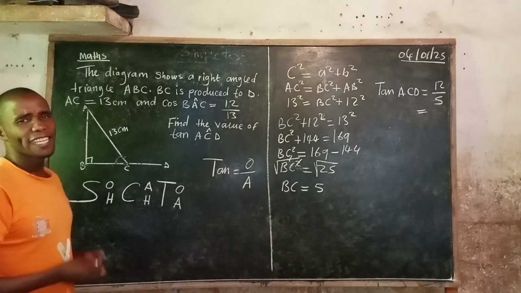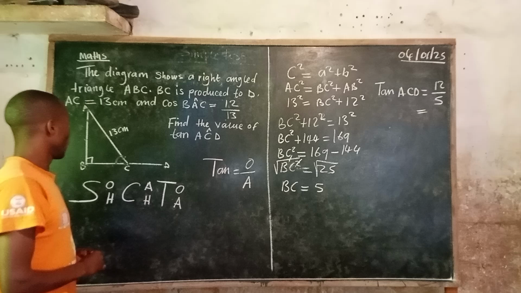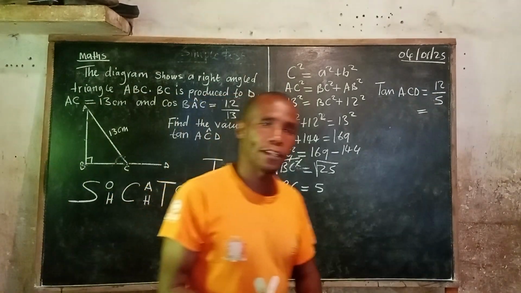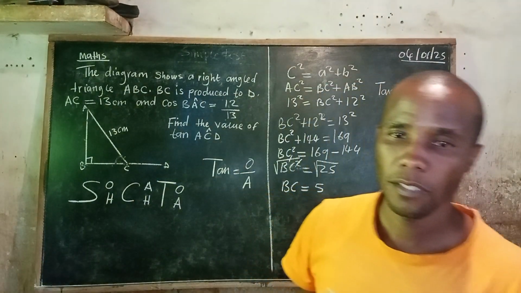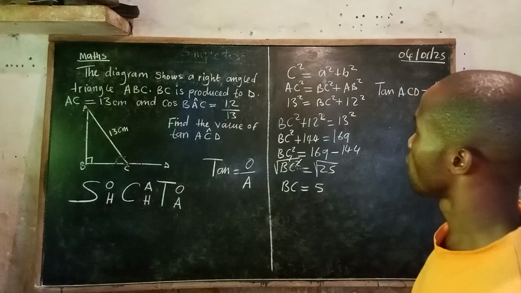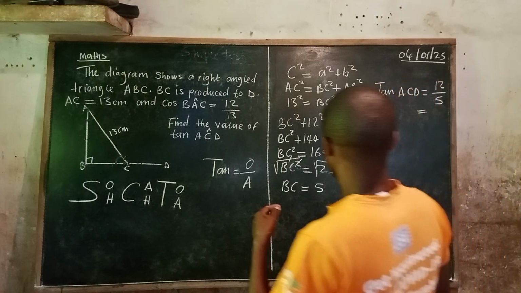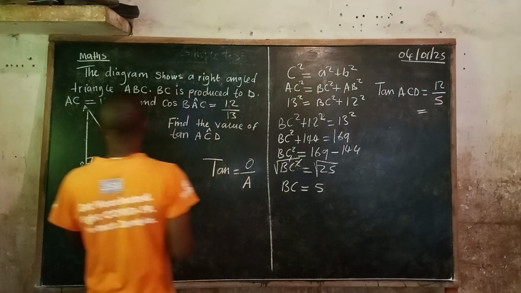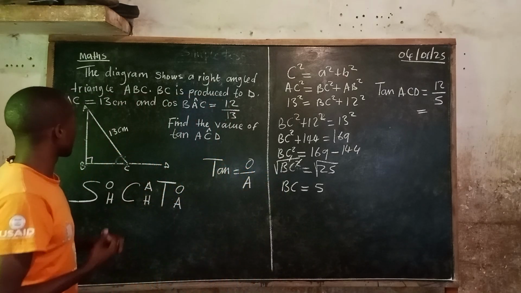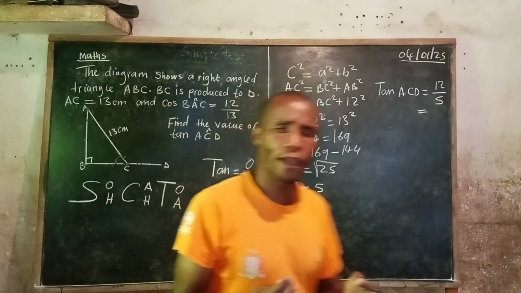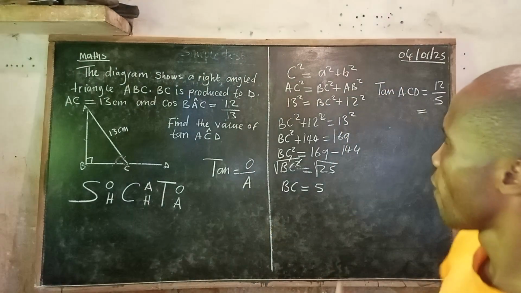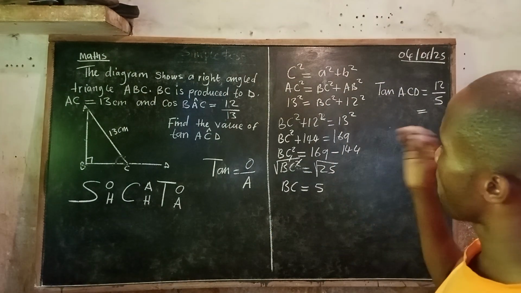So what is tan in the second quadrant? Because what we know is that in the first quadrant, all ratios are positive.